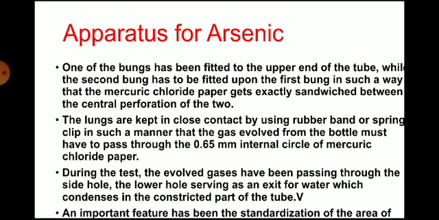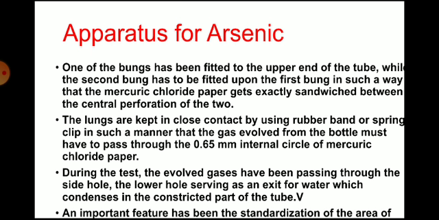After that, as we see in the figure of the apparatus for arsenic, both bungs are fitted to the upper end of the tube, the first bung in such a way that the mercuric chloride paper gets exactly sandwiched between the central perforations of the tube.